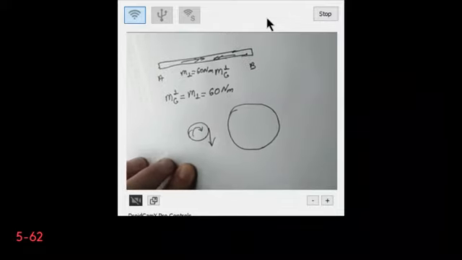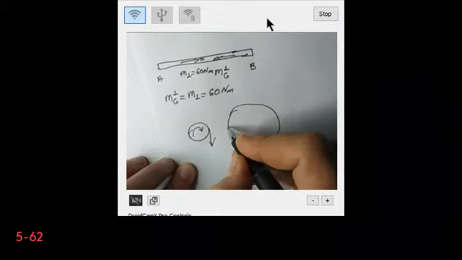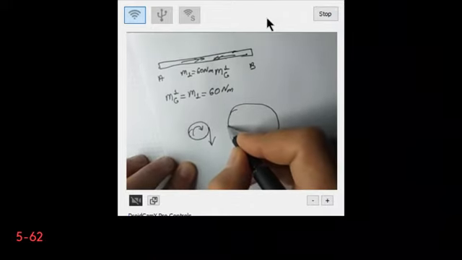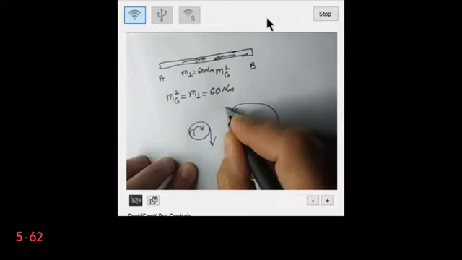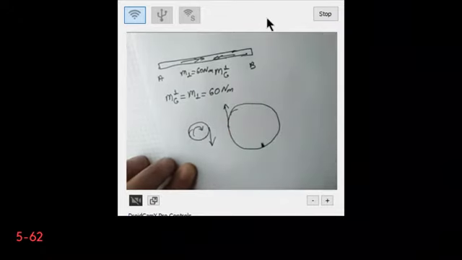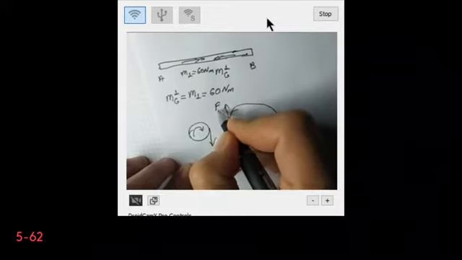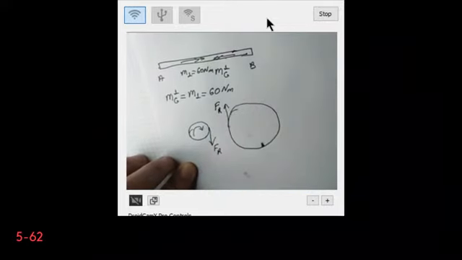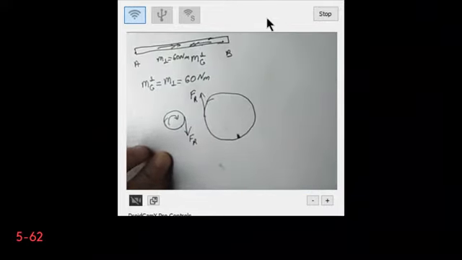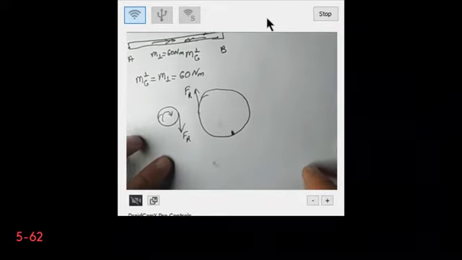Now, since action equals reaction, the reaction force has to be in the opposite direction on the big gear. Now this is, let's say, Fr. Therefore, the magnitudes of these forces have to be equal.